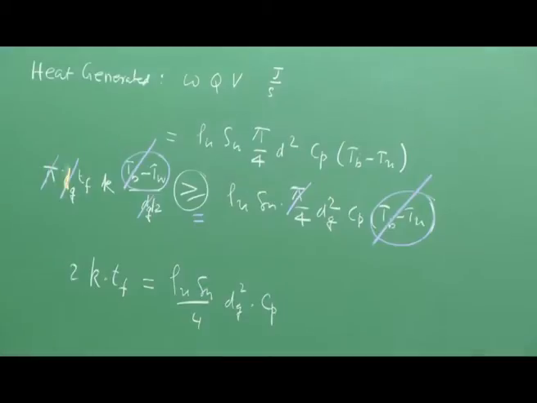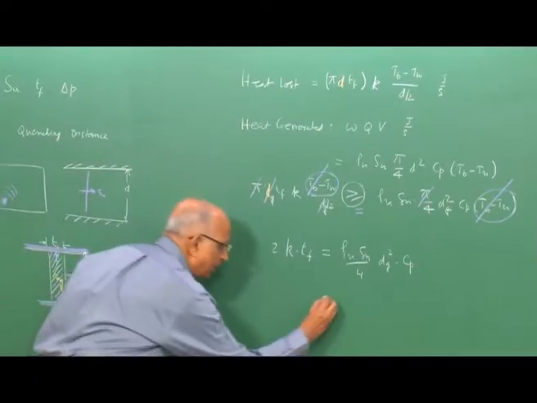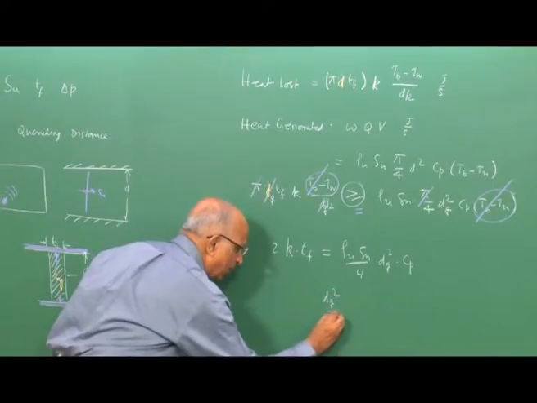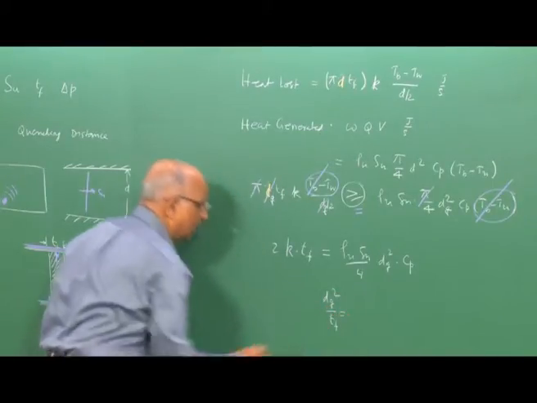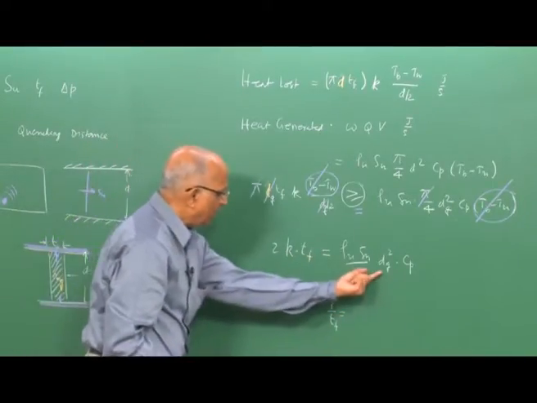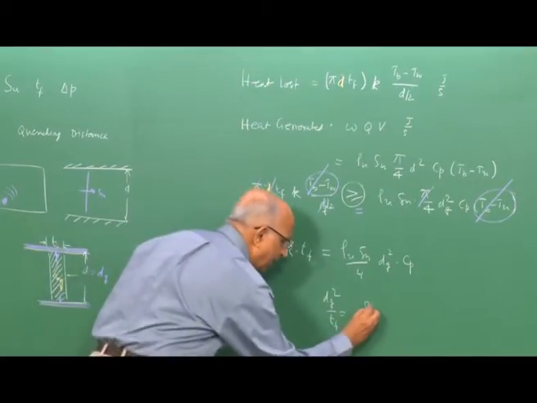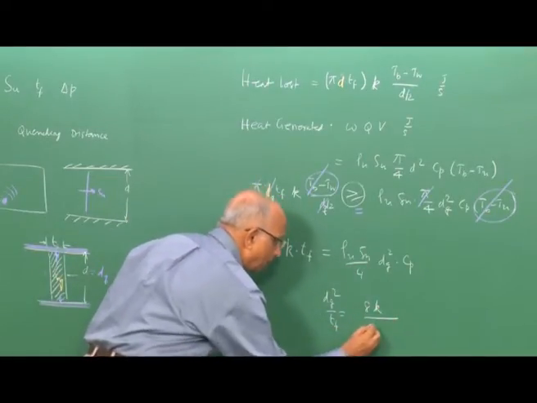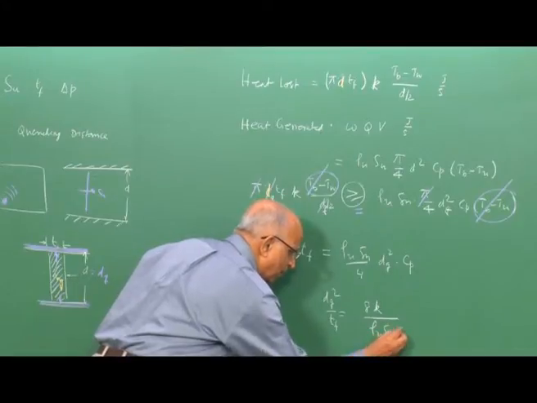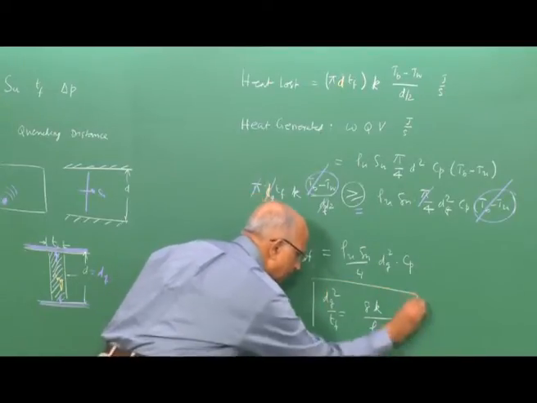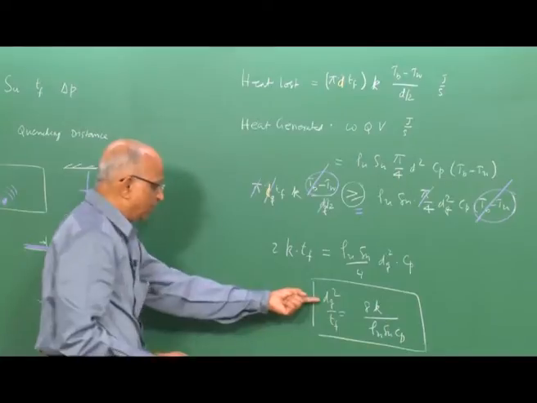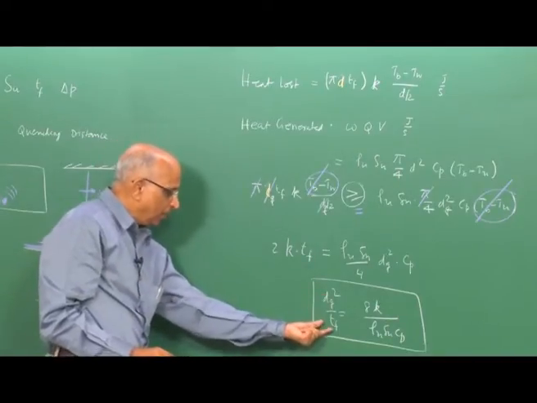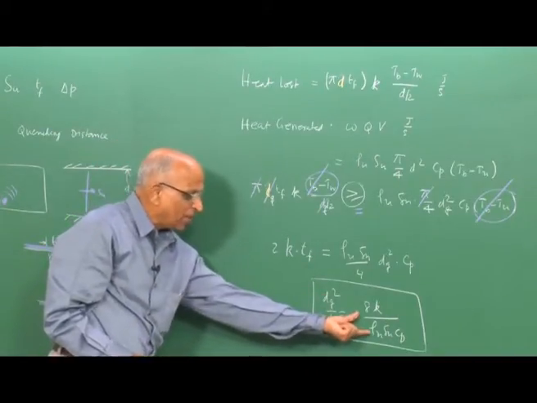From this expression, I have accounted for all the terms except for those which are cancelled. Therefore, I get dq square divided by Tf is equal to 8k divided by rho u Su Cp. This is the expression for the quenching thickness square divided by the flame thickness. This is what I get.